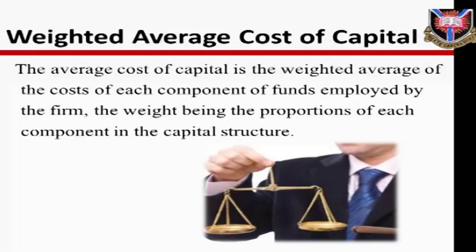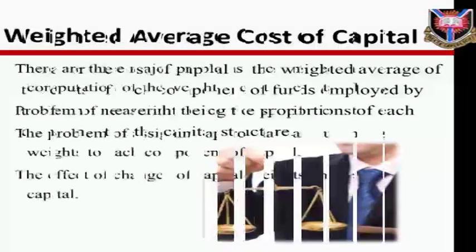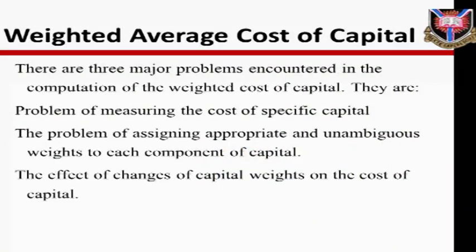Weighted average cost of capital. The average cost of capital is the weighted average cost of each component of funds employed by the firm, the weight being the proportion of each component in the capital structure. There are three major problems encountered in the computation of the weighted cost of capital. They are: 1.